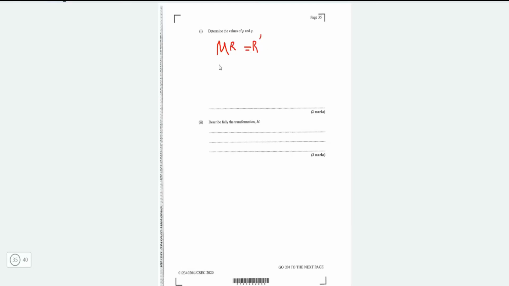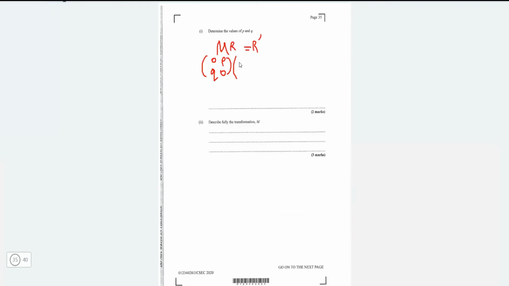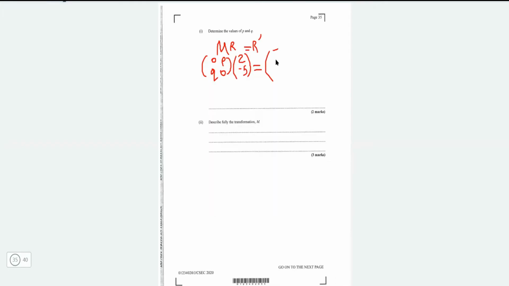All right. So we have this matrix right here. Transformation M is (0 p; q 0). When you multiply it by the coordinates of R, which is (2, -5), you have to put it in vector form. It's equal to R prime, which has coordinates (5, 2).